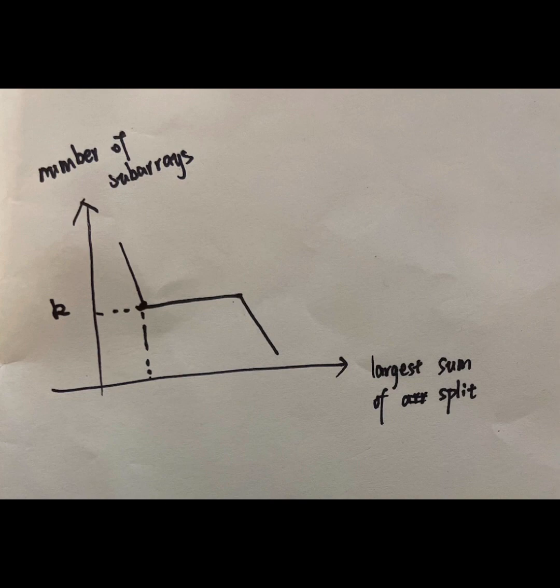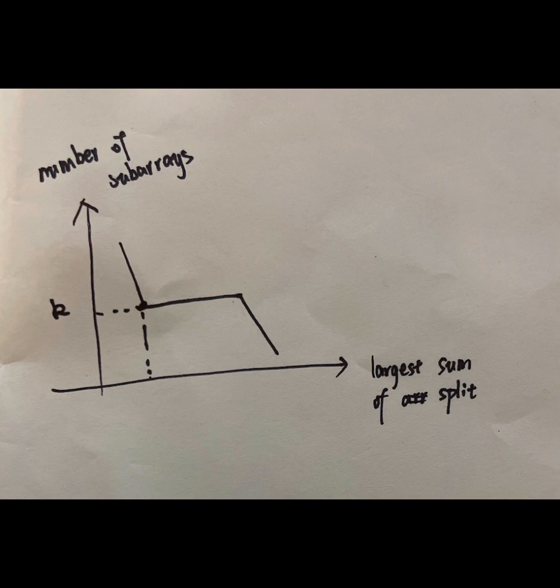Which point are we looking for? We are looking for this point, because we want to find the minimized largest sum of the split, and also we want to make sure that k is exactly that number.